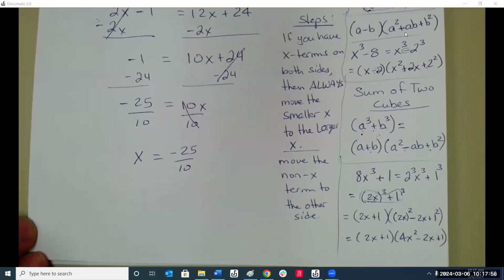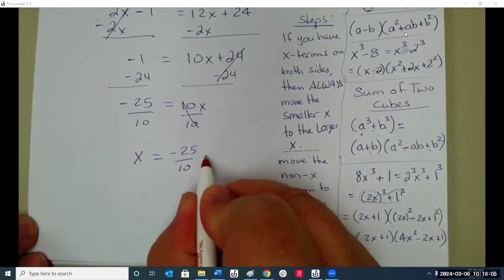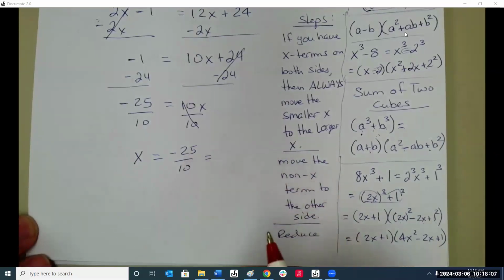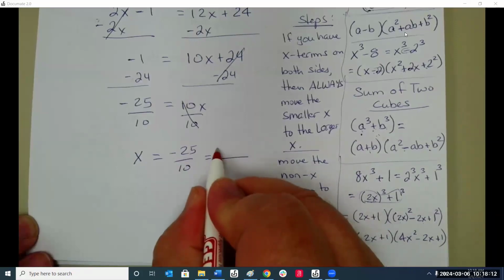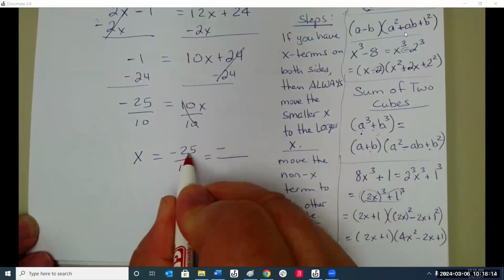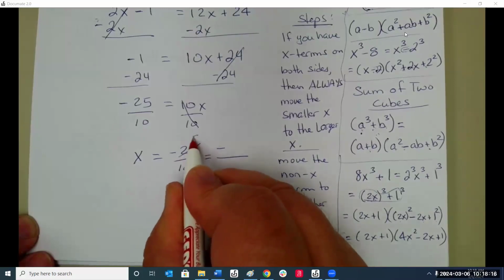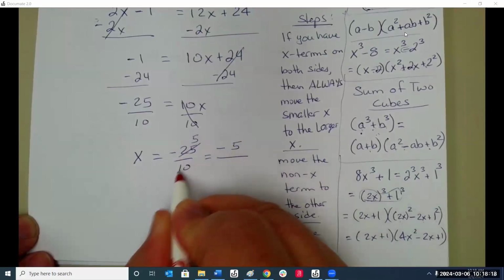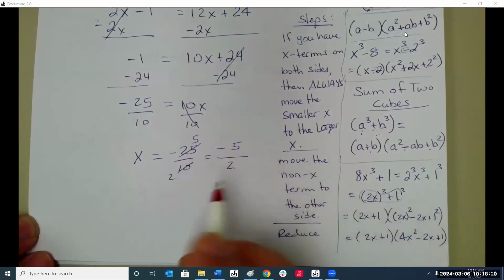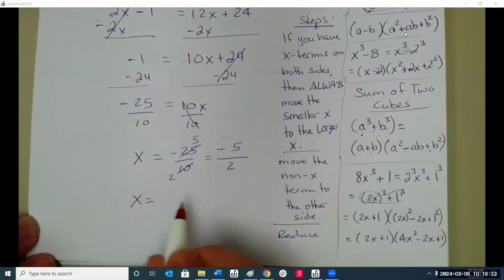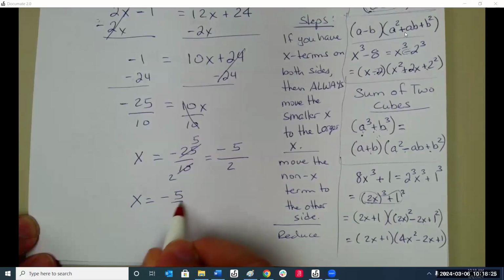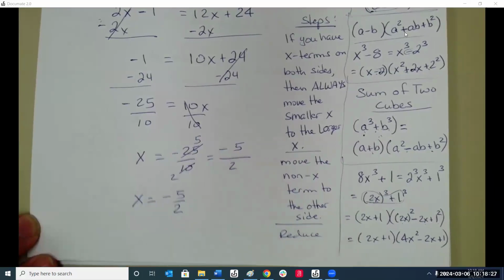So what do I do next? Yeah, reduce. What do they both have in common? 5. 5 goes into 25 how many times? 5 goes into 10 twice. So our answer is x equals negative 5 over 2.